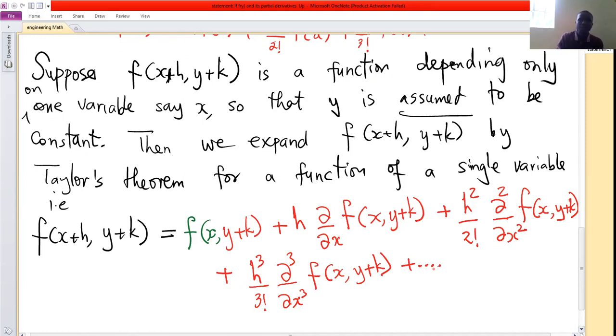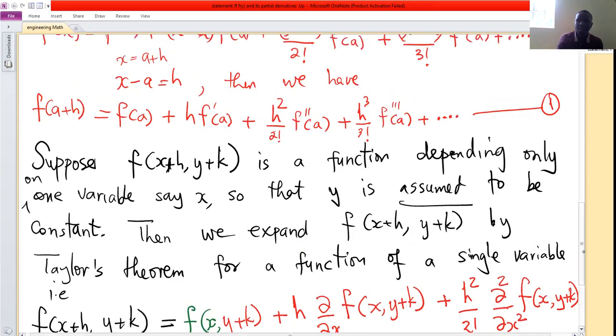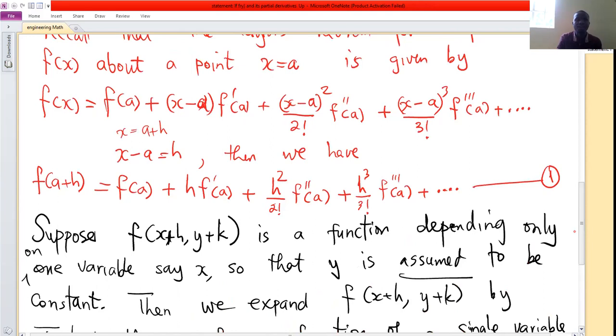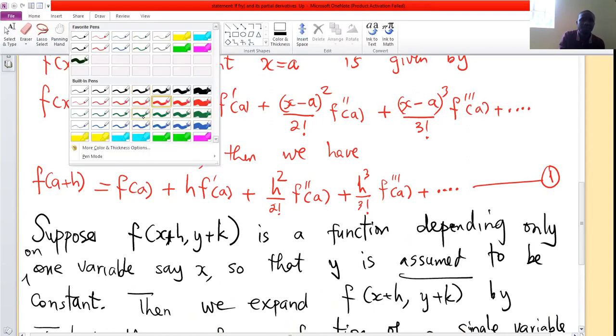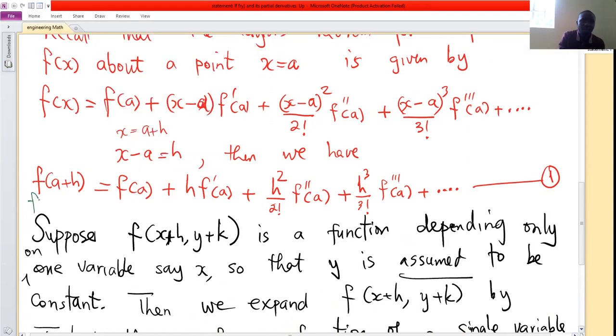Remember, what we're doing is just checking this structure of the Taylor series of a function of a single variable. Because in our case we are dealing with f of x plus h, y plus k, and we are assuming that y is a constant, we are not interfering with this part.